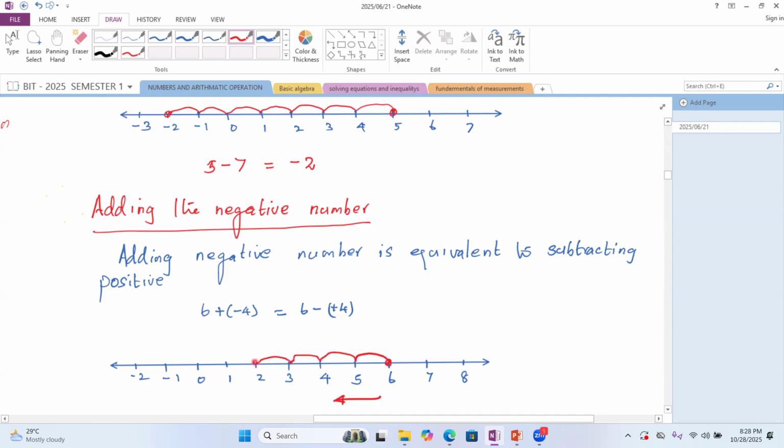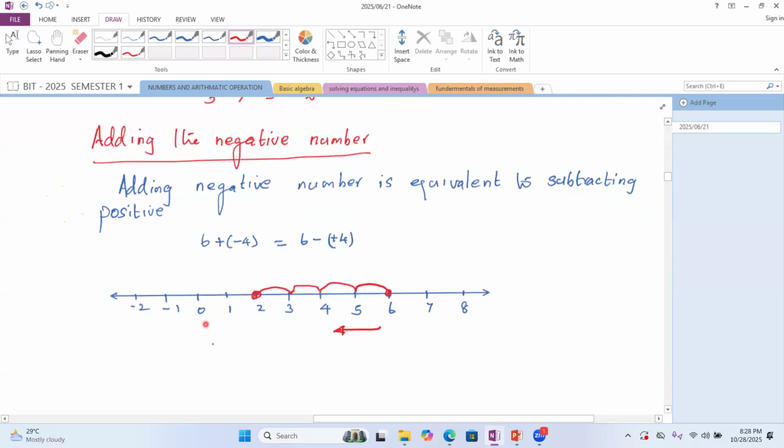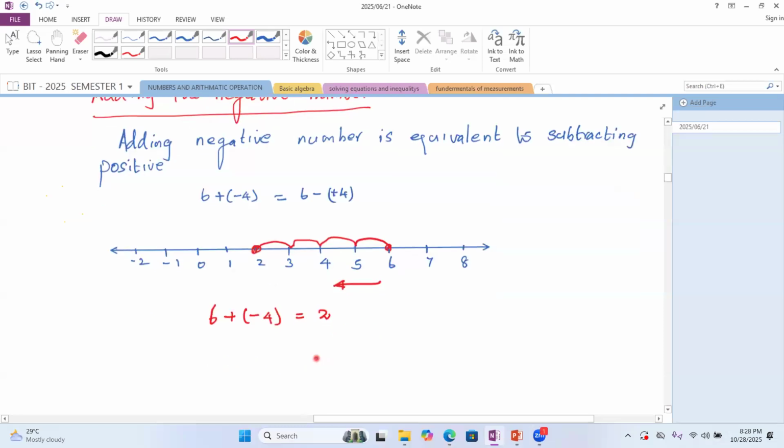So we get the result 2. So we can write 6 plus negative 4, that is equal to 6 plus minus 4, that is equal to 2. That is positive. Right?